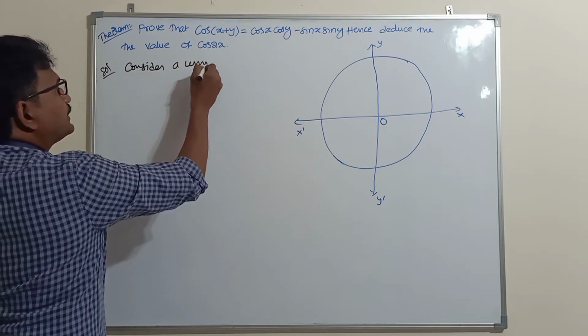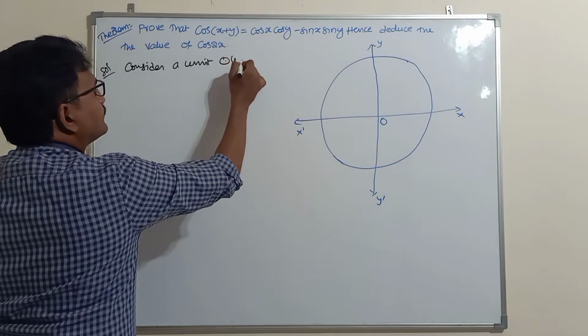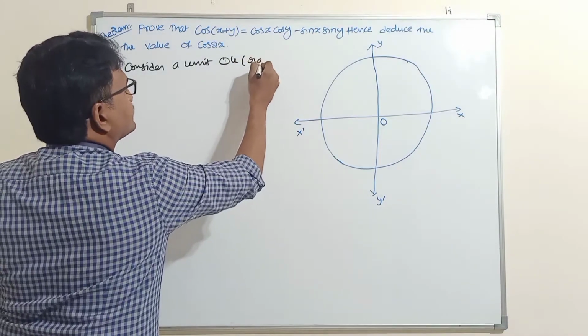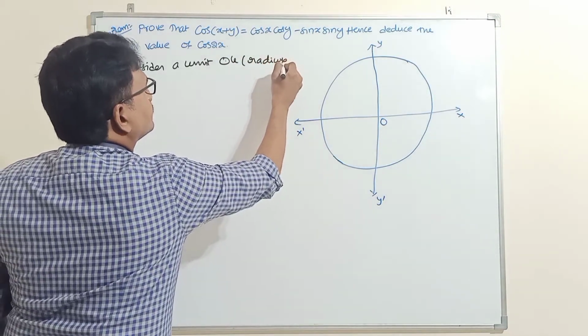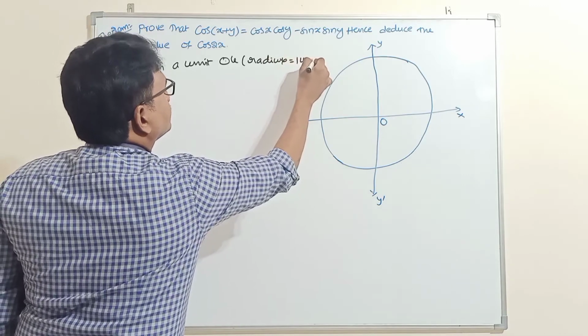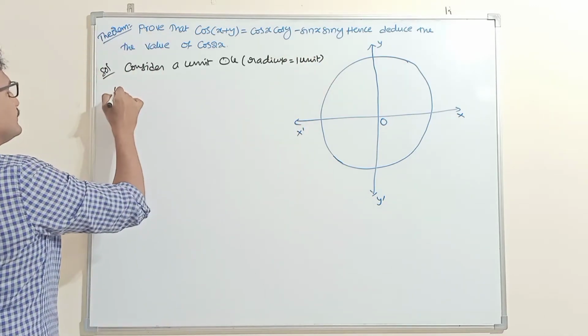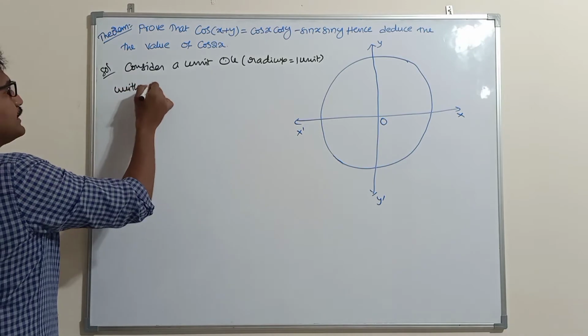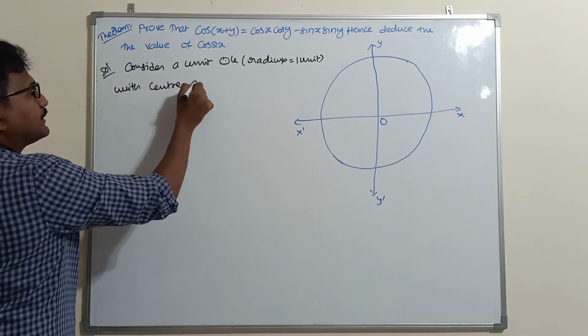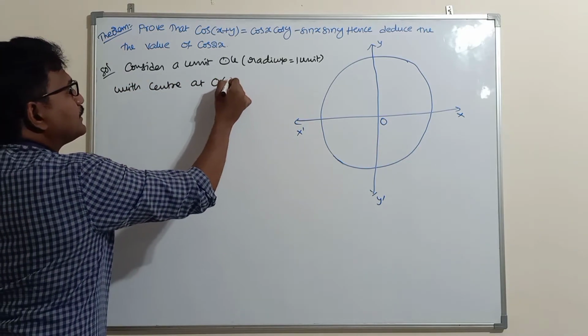Consider a unit circle. Unit circle means radius is 1 unit with center at O. O means origin.